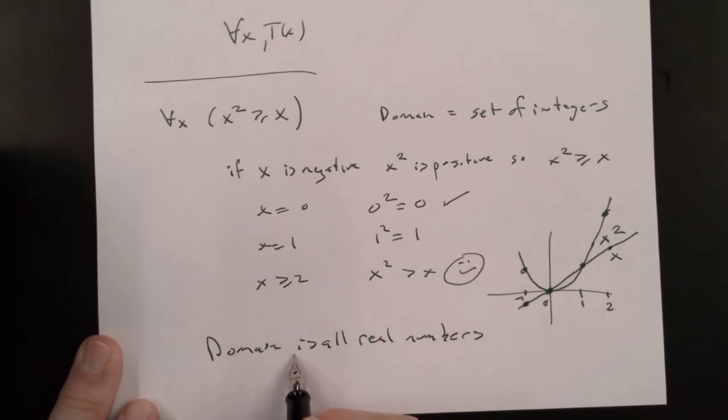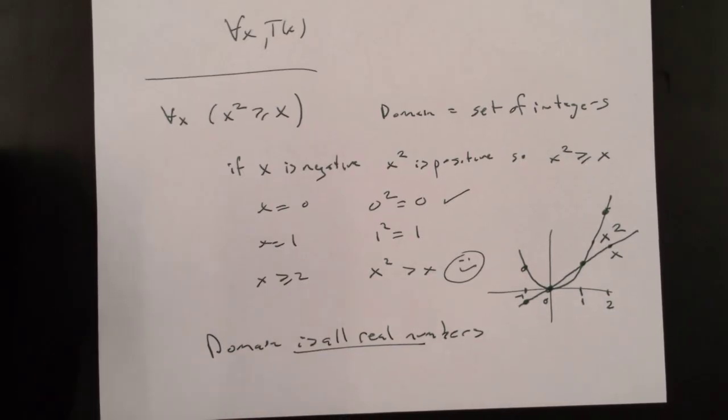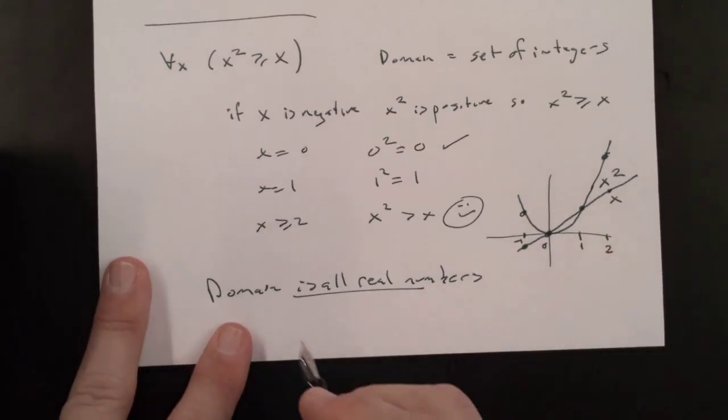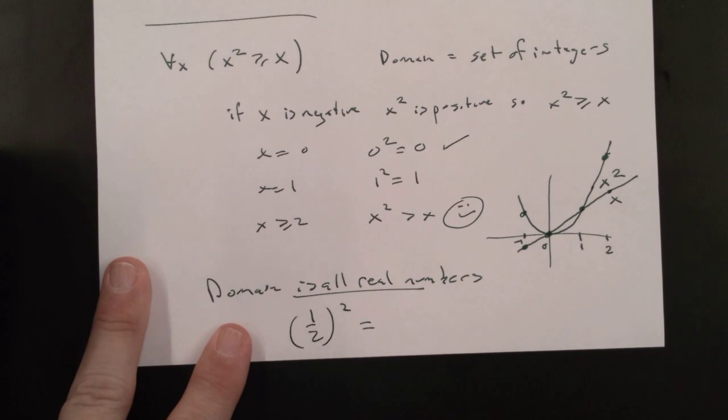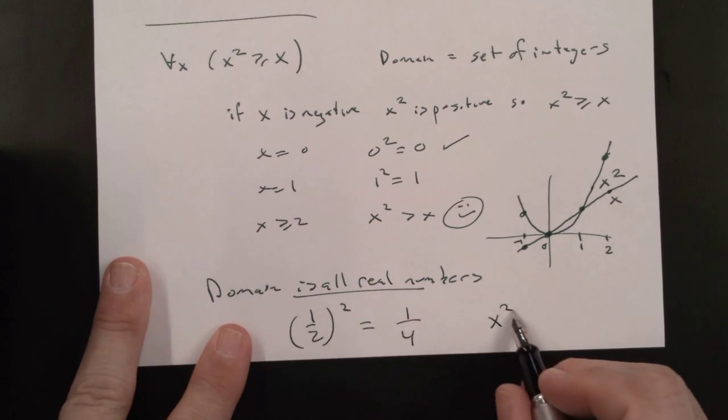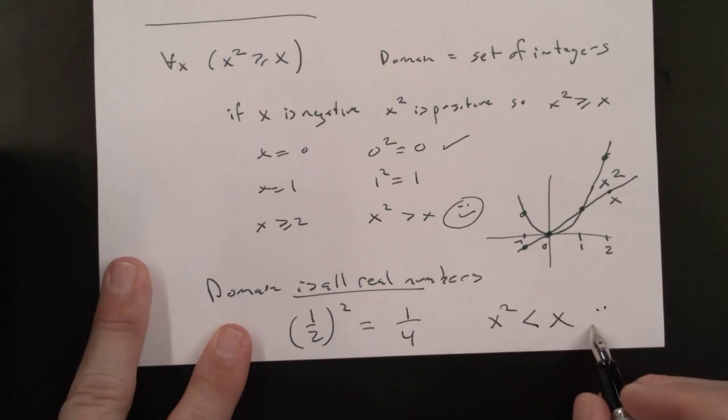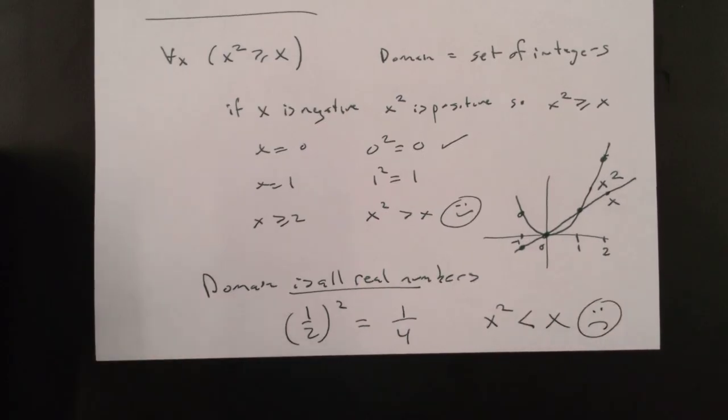If the domain is all real numbers, then I could use a fraction, couldn't I? What's 1/2 squared? And in that case, x squared is smaller than x. So my choice of domain influences whether my universally quantified statement is true or false.